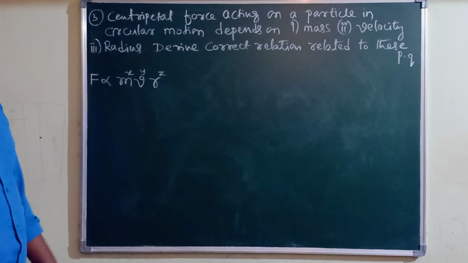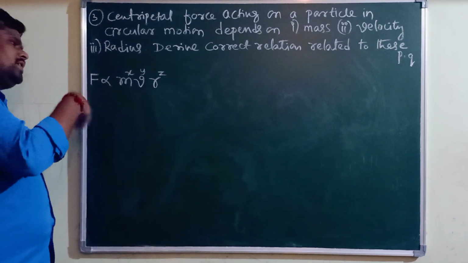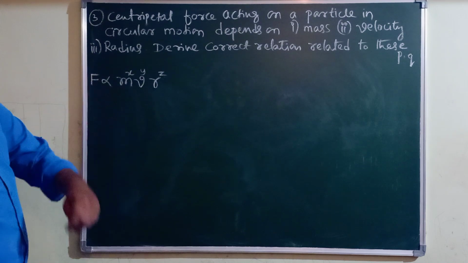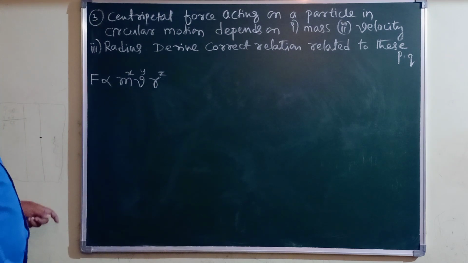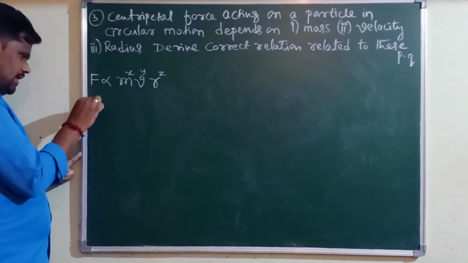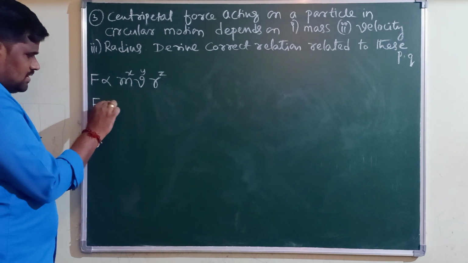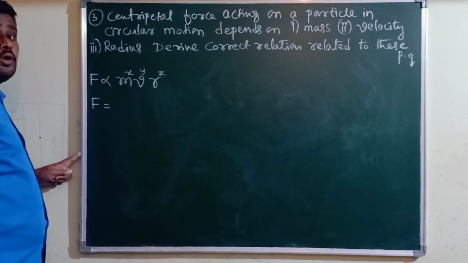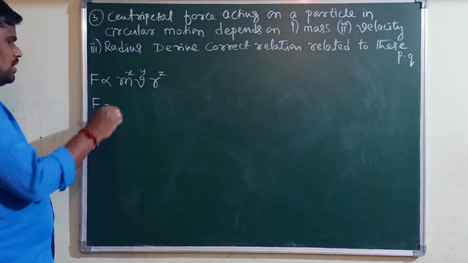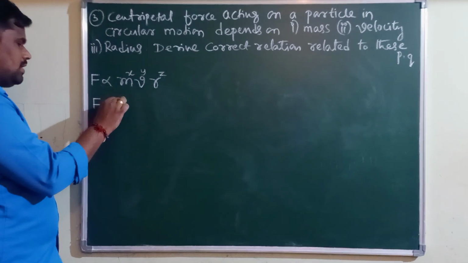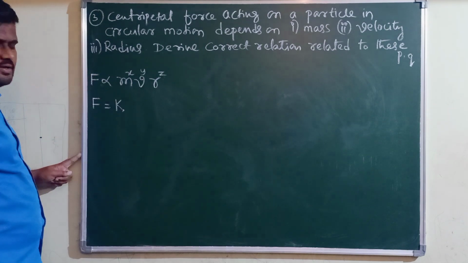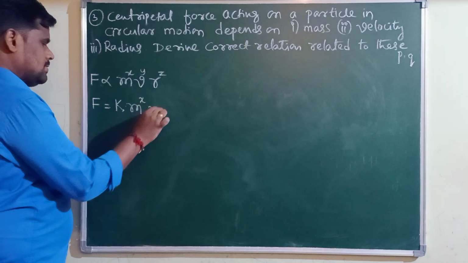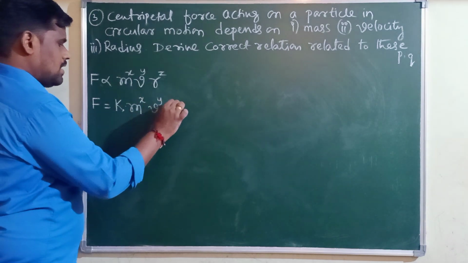Okay, centripetal force depends on m to the power x, v to the power y and r to the power z. What is the next step? Recall the discussion from the last class. When the proportionality sign is replaced by equal to sign, as I said, RHS should be multiplied by some constant k into m power x, v power y, r power z.